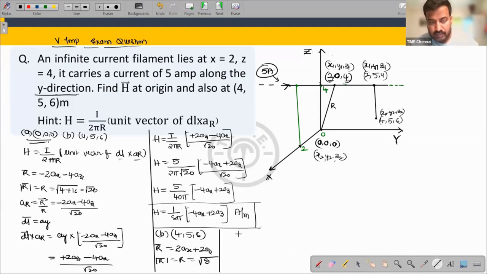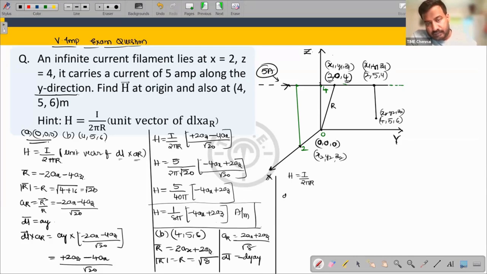Ar is 2ax plus 2az by root 8. H is I by 2 pi r, unit vector of dl cross ar. dl is d by ay. dl cross ar is, dy is 1.